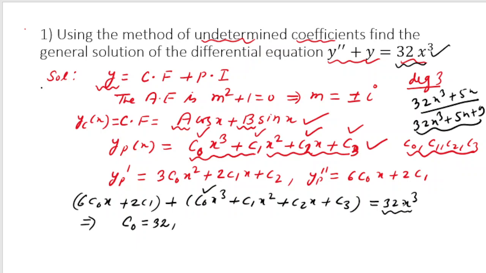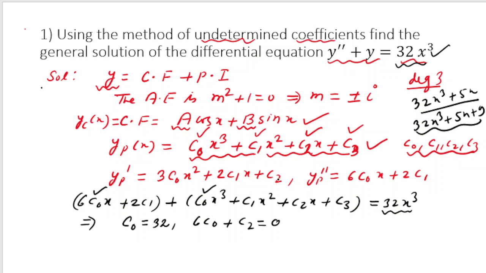Then in the right hand side there is no term of x. So the coefficient of x will be what? From this I am getting 6C0, and from this I am getting C2, right? So 6C0 plus C2 is equal to 0, because there is no x term.